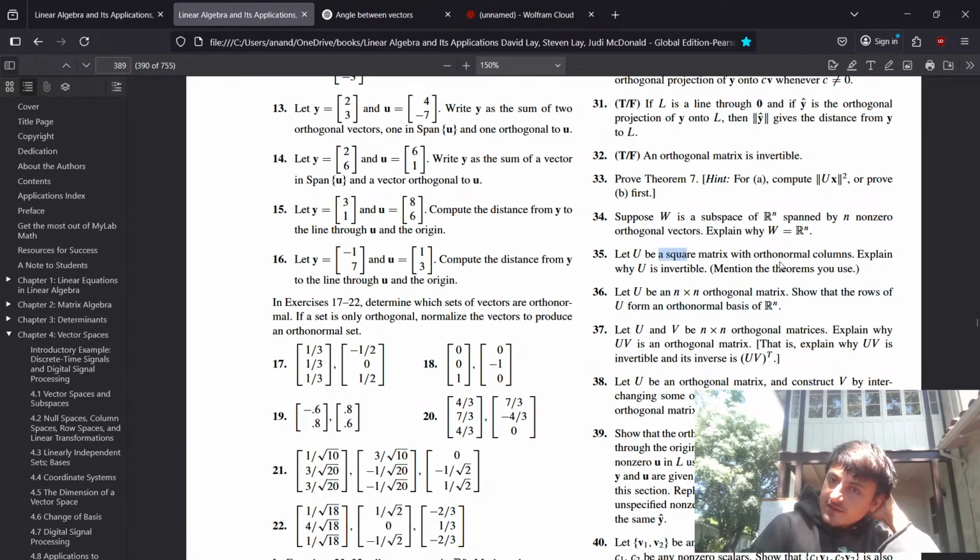That was a good problem. This is actually my favorite problem so far. Let U be an n by n orthogonal matrix. Show that the rows form an orthonormal basis of Rn.